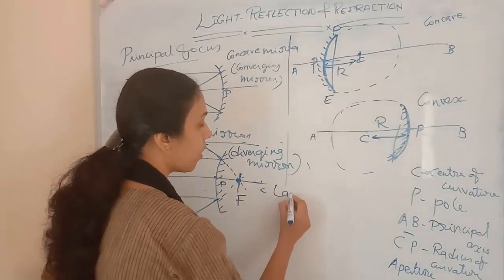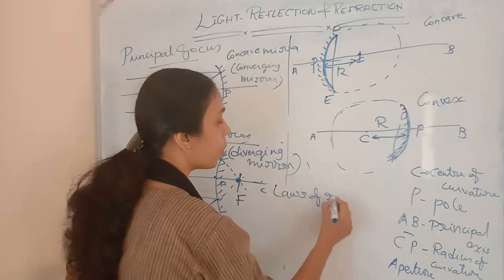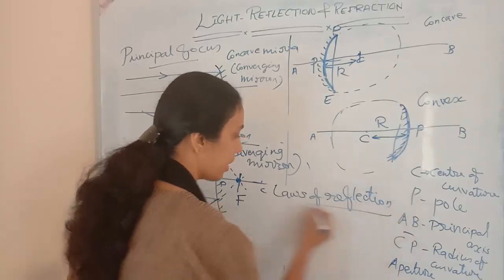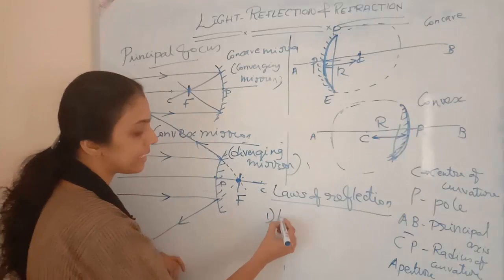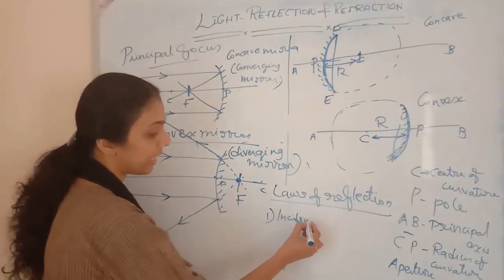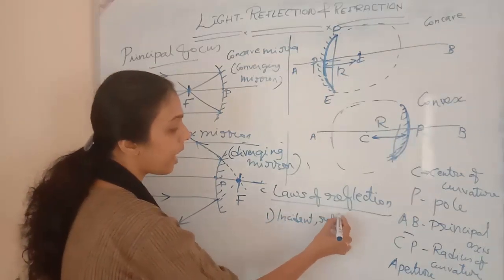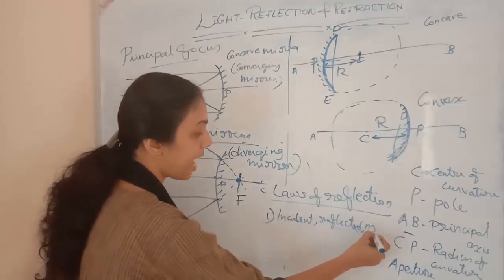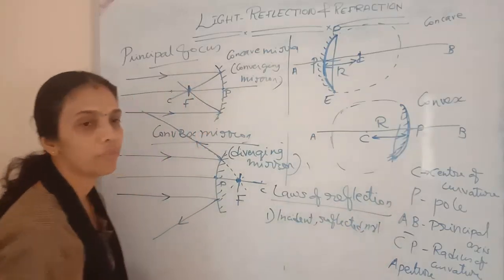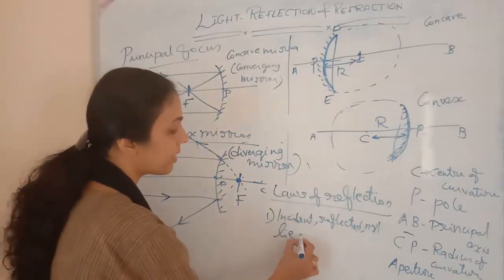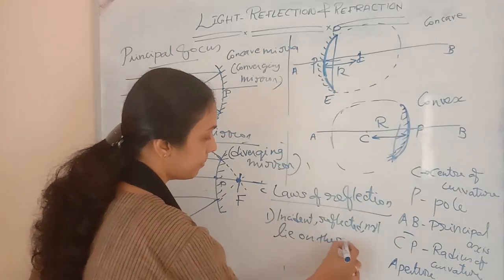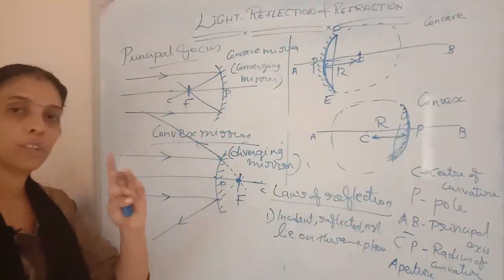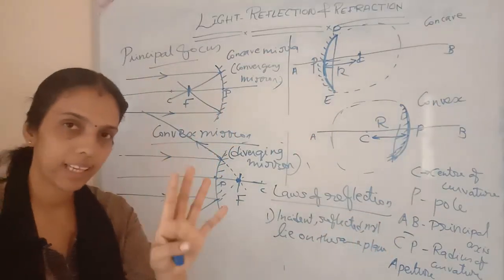Okay, laws of reflection. What are the laws of reflection? There are two laws for reflection: the incident ray, reflected ray, and the normal at the point of incidence lie on the same plane.